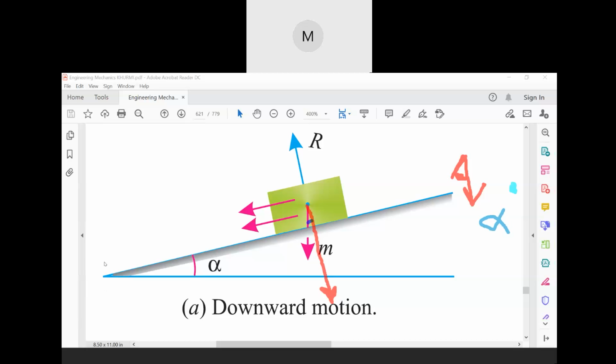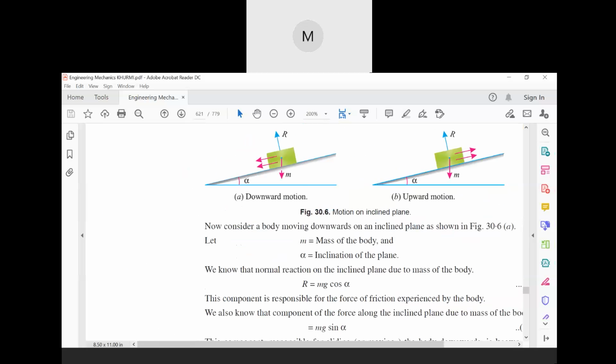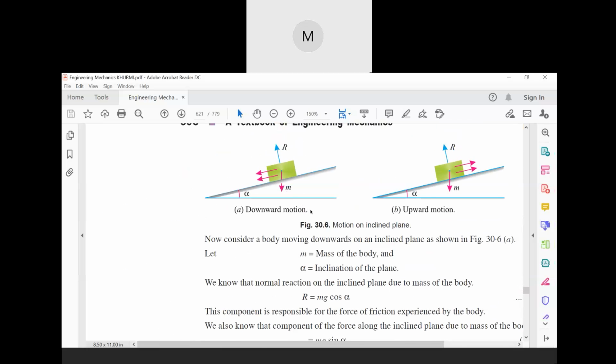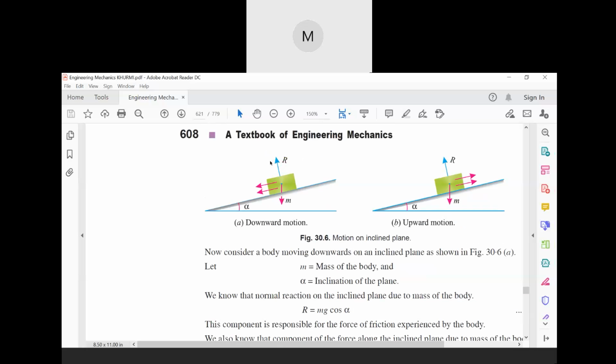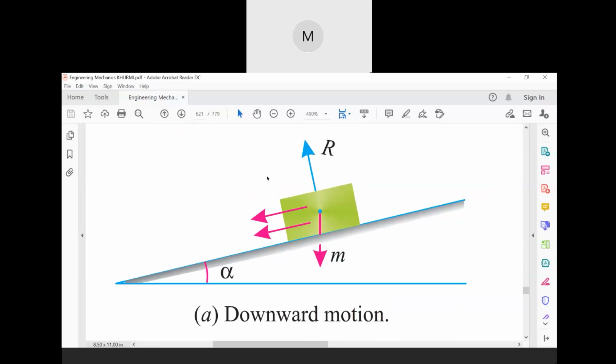Now here what happens? This is one part and this is another part. So this is m. Now force is F equal to mg, mass into acceleration.